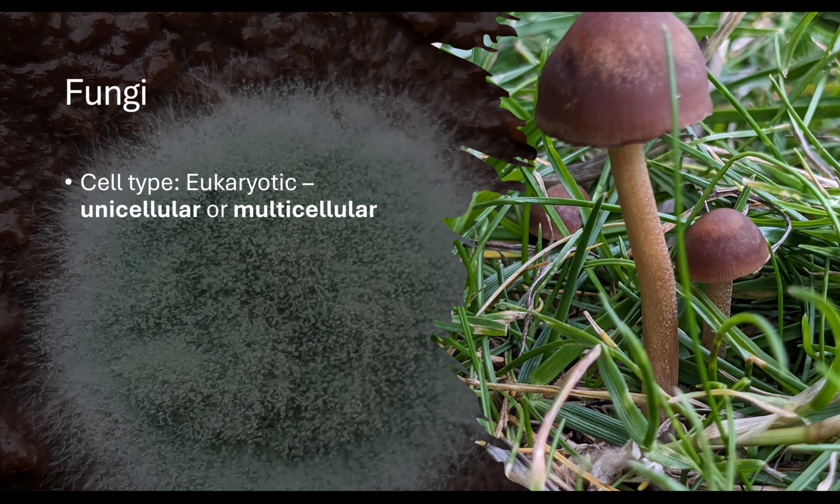So fungi are eukaryotic as well. So we know that they are eukaryotic, so they have all those membrane-bound organelles. Now, fungi can either be unicellular, one cell, or they can be multicellular.